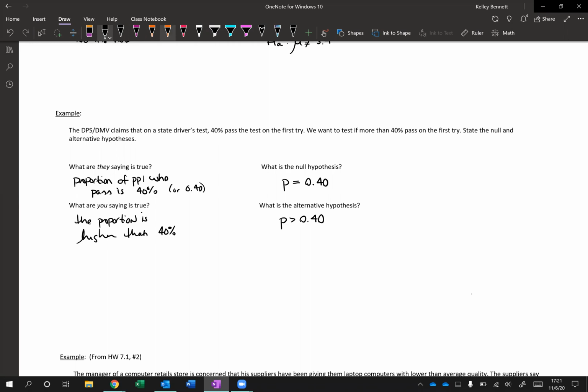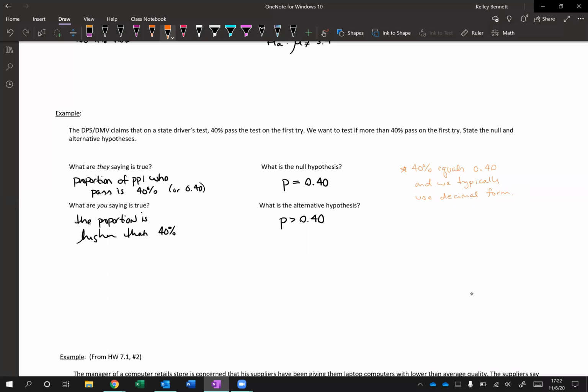So remember here that we typically use the decimal form when we're making these assertions.